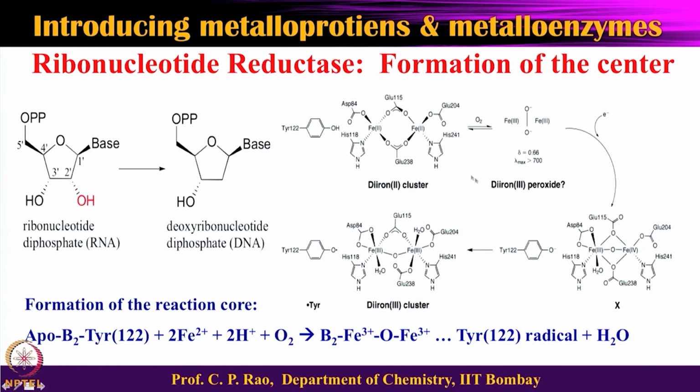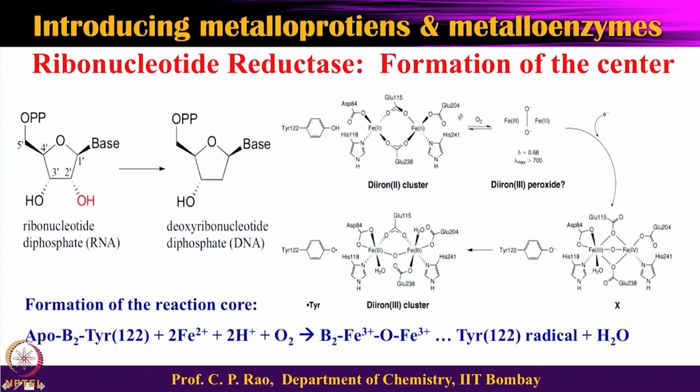In this you have the enzyme where the reaction occurs, how the reaction occurs we will see in a while, and one of them is the iron center, the di-iron center. You take a protein as the apoprotein, that means the ions are removed, and start adding iron 2 salts, you will start seeing the iron 2 core being built in.